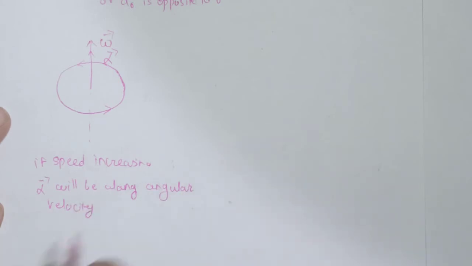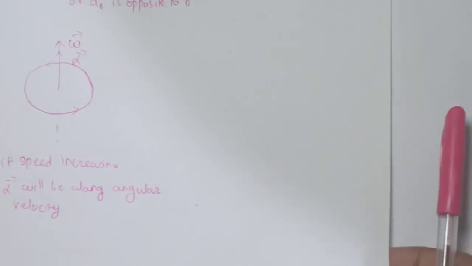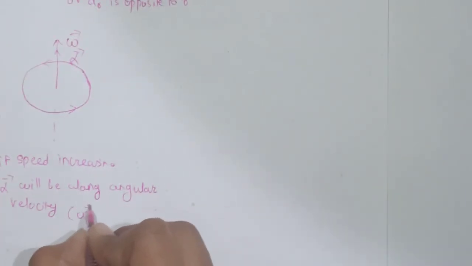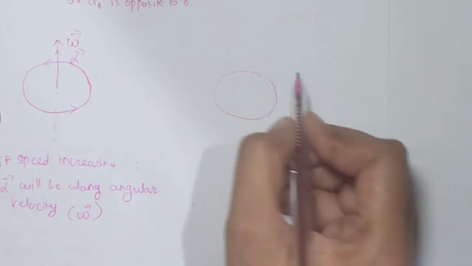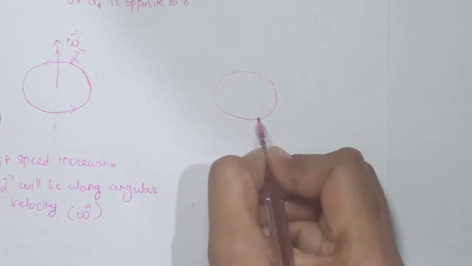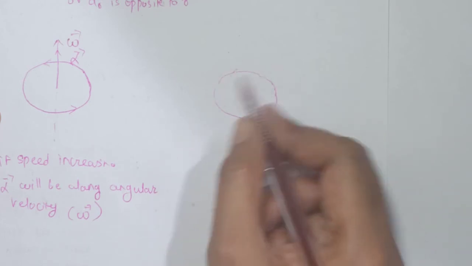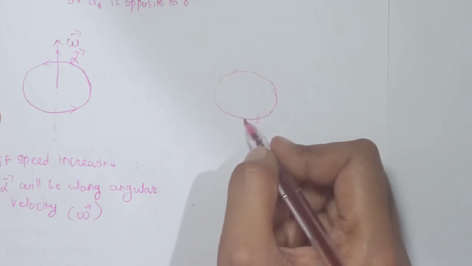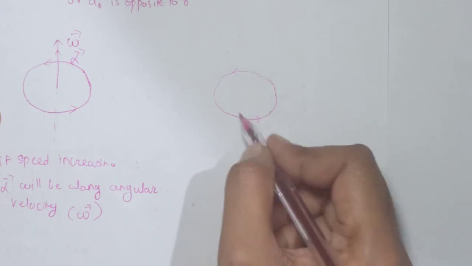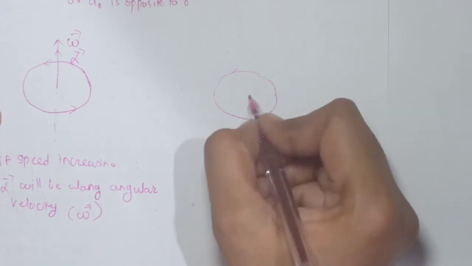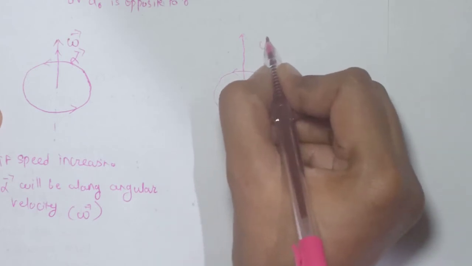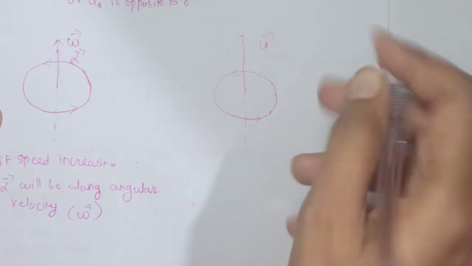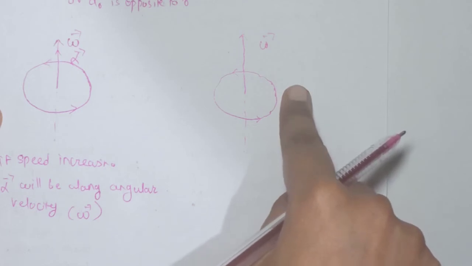For increasing speed, it is along the direction of omega, or angular velocity. And consider the second example in which the particle is performing circular motion in the anti-clockwise direction. It doesn't matter whether it is anti-clockwise or clockwise. As it is anti-clockwise, the direction will be given by this direction of angular velocity.